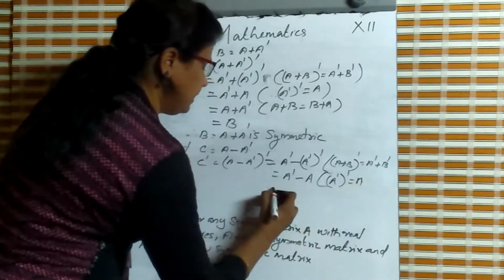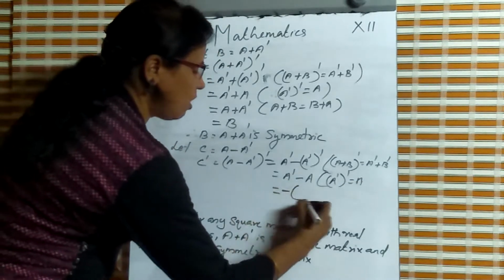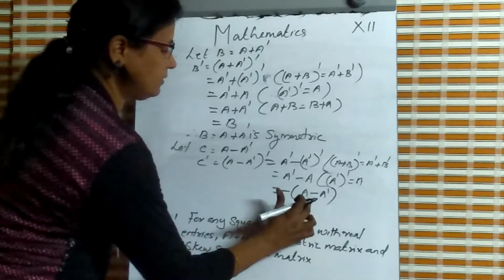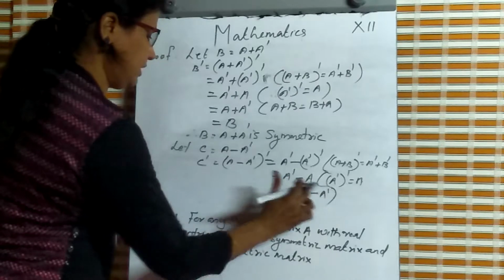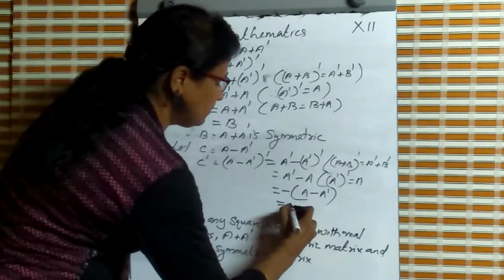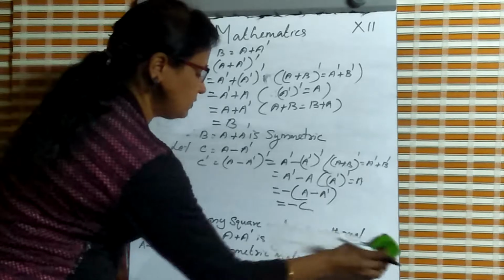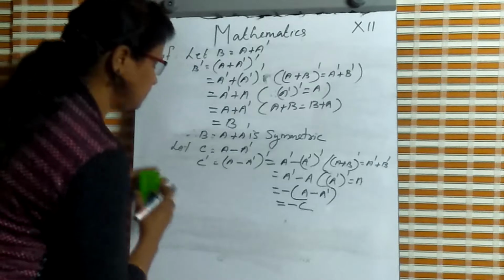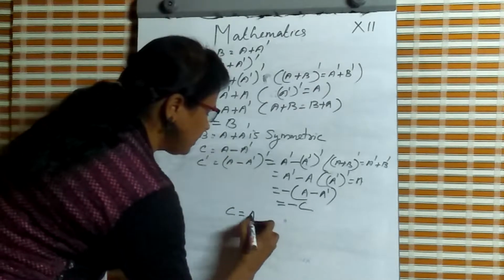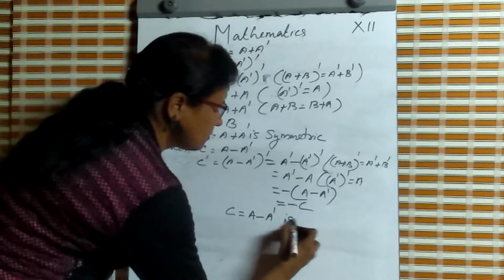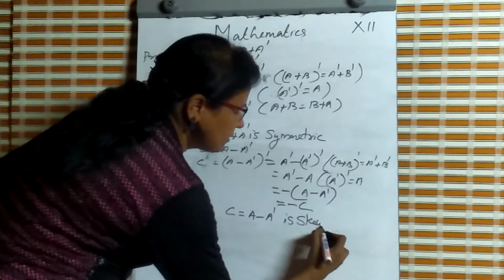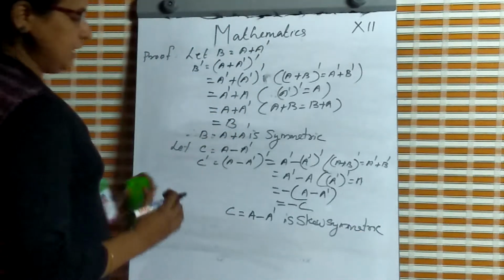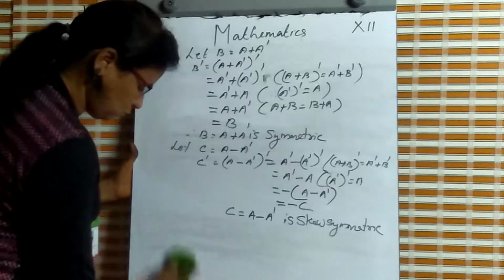It is equal to A. Then taking the minus sign outside, this is minus (A minus A transpose), which equals minus C. Now what is this? C transpose is equal to minus C. That means C equals A minus A transpose is skew symmetric.